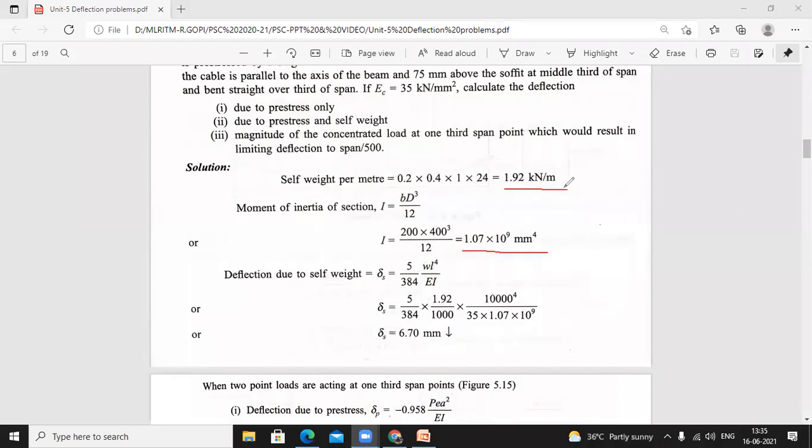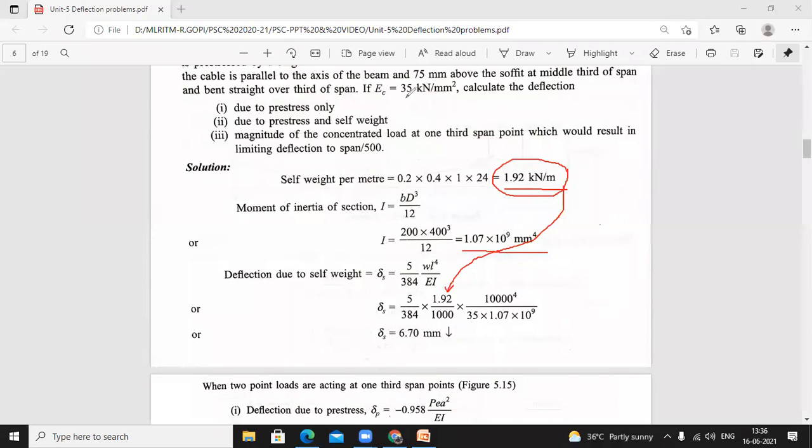This W value is given in kilonewton per meter, so we should convert into kilonewton per mm. Therefore 1.92 divided by 1000, multiplied by length. Length is 10 meters, so 10 into 10 power 3, that means 10,000 power 4 divided by EI.